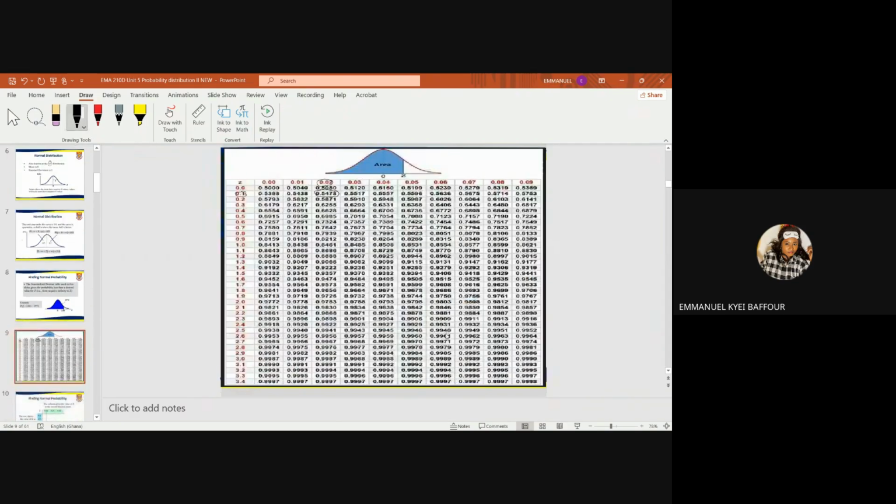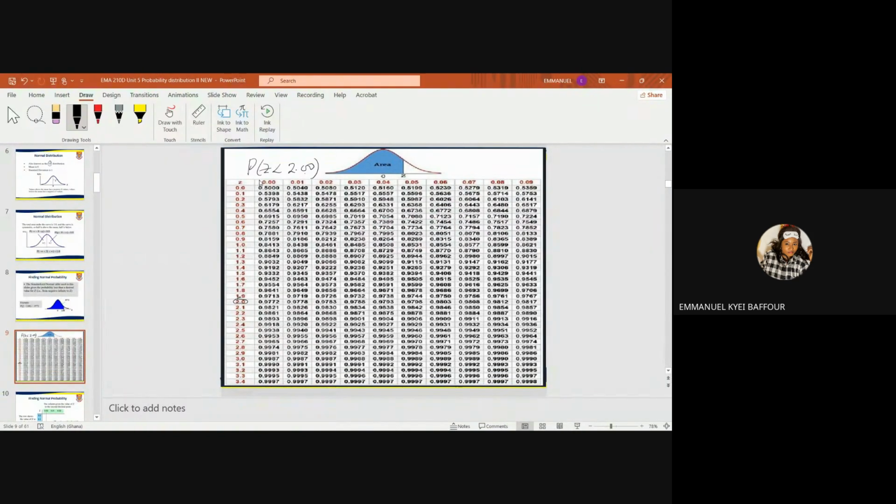And this is the table. So if you want to read it, we have P of Z less than 2.00. This is your Z. The rows represent the numbers up to the first decimal, so you have your 2.0 here.